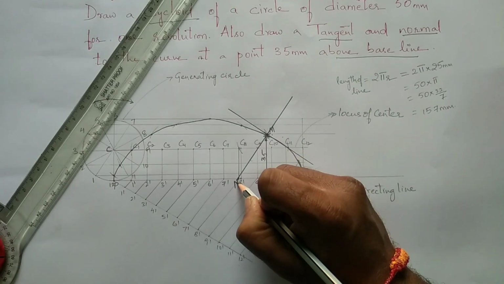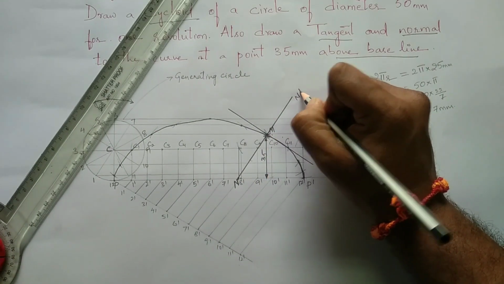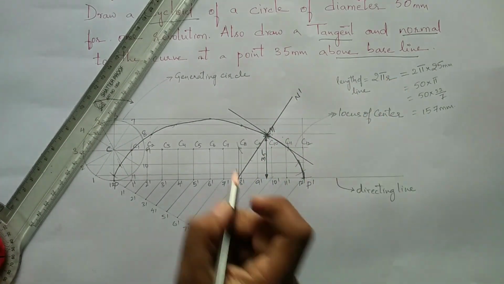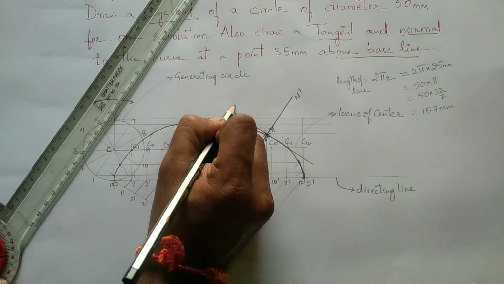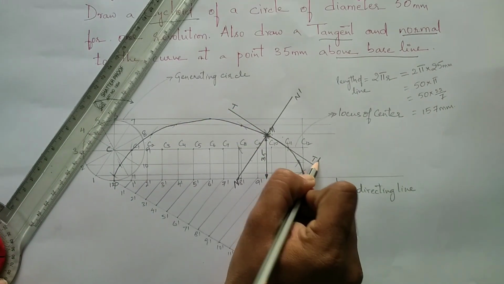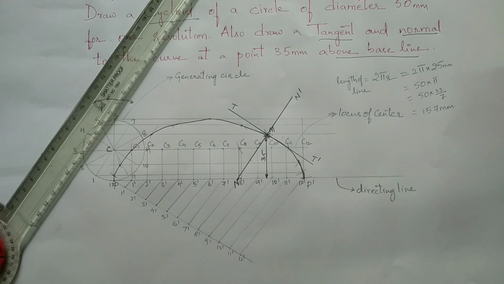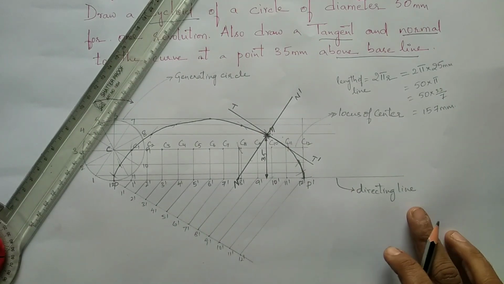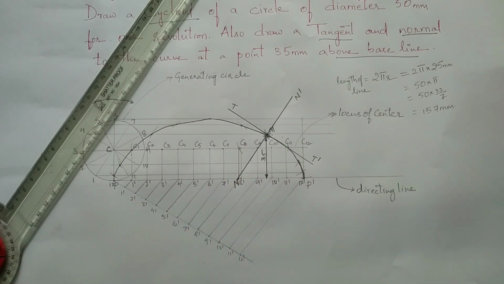Mark the other end of NM as N dash, that is the normal line, and the perpendicular line whatever you have drawn, mark that point as T dash. That is the tangent. So this is how we go for the construction of tangent and normal.